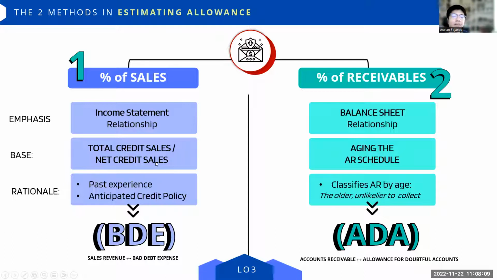So the rationale in the percentage of sales is that based on past experience, may portion ka of credit sales na hindi mo nako-collect. Like for example, in year 1 of my business operation, I had 100,000 in net credit sales. After year 1, I was able to collect around 70,000 out of the 100,000. So 30% of my net sales were uncollectible.